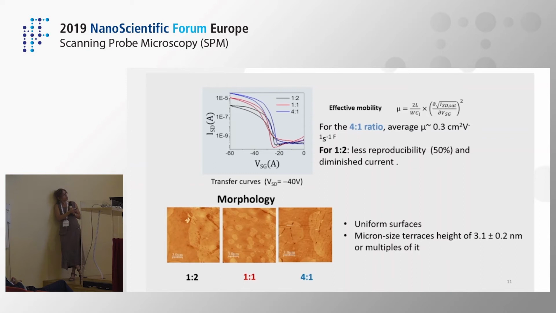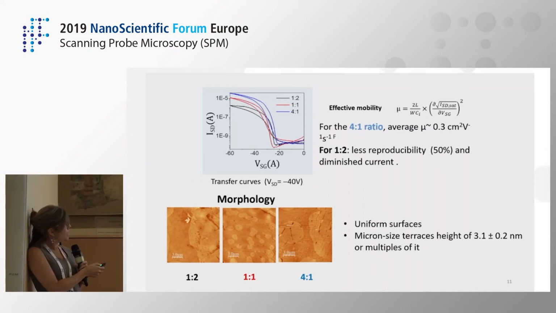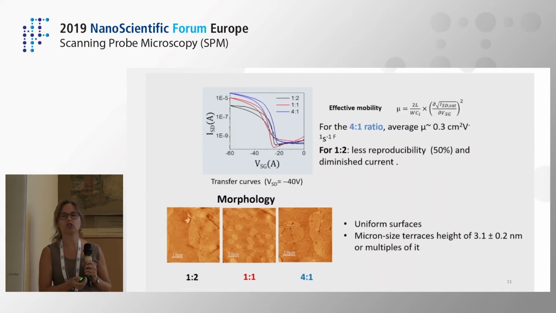And they found that for a BTBT to polystyrene ratio of 4:1, the performance was the best, with an average apparent field effect mobility of 0.3, with high reproducibility of devices, whereas for the ratio of 1 to 2, I mean more polymer in this case, the reproducibility was very low, and also the current was much lower in the devices. So we also wanted to understand why. What was the impact of the blend ratio?